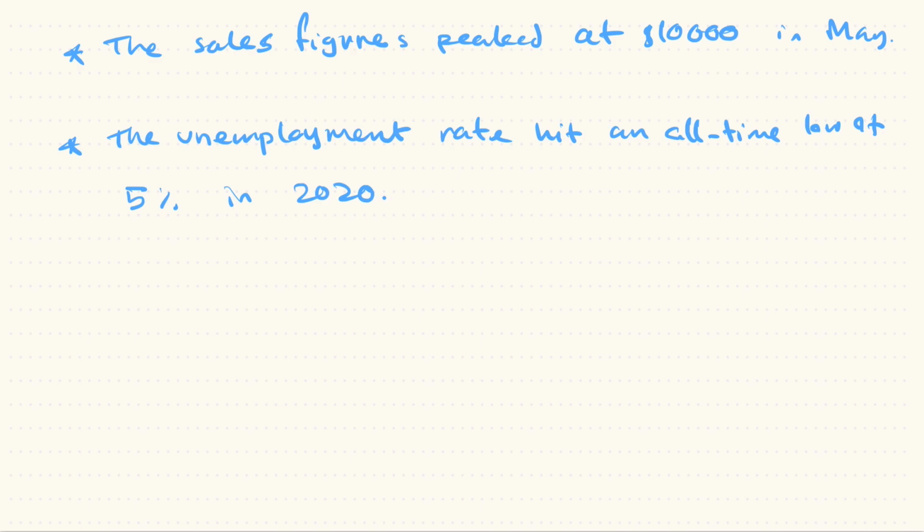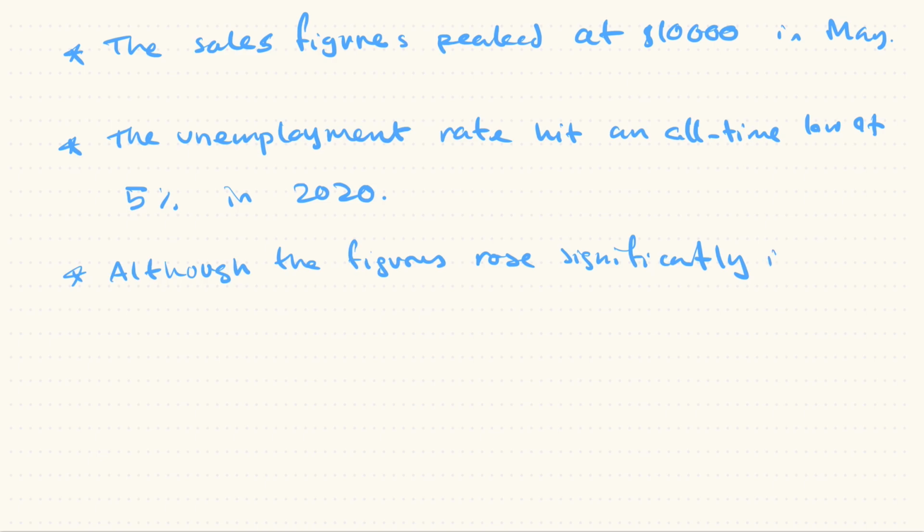Another example is when you want to mix: there's a maximum and then afterwards there's a minimum. So you can say, although the figures rose significantly in January, they fell to a trough in March. The J needs to be capitalized because it's a month.